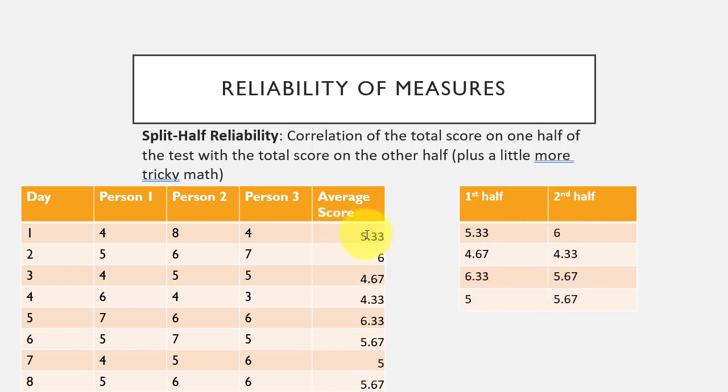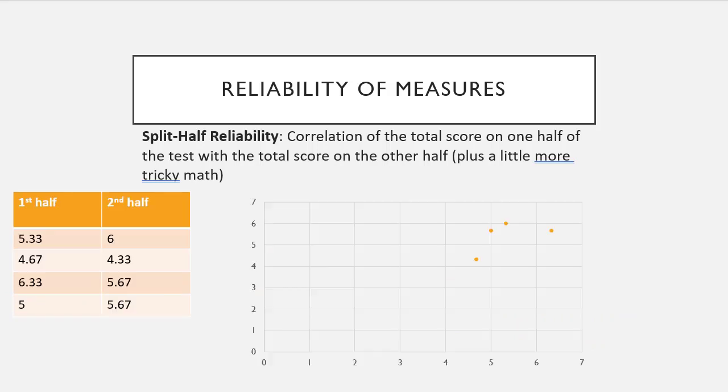So the first day, 5.33, goes into the first half. The second day, where they had an average of 6, goes into the second half. 4.66 goes into the first half, 4.33 goes into the second half, and so on. And we look at this to see if there is a correlation between these scores in terms of how happy people are. I brought forward the first and second halves and created just a scatter plot.